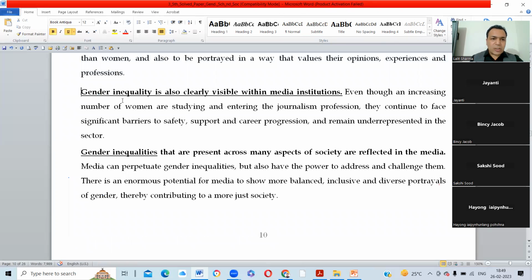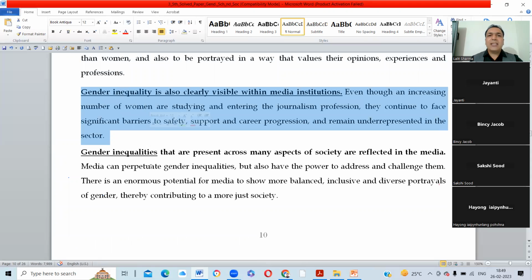Gender inequality is also clearly visible within the media institutions, right? Even in the media institutions guys you can see that, okay, the male members would be more and more. Even though an increasing number of women are studying and entering the journalism profession, they continue to face significant barriers to safety, support, and career progression, and remain underrepresented in this sector.